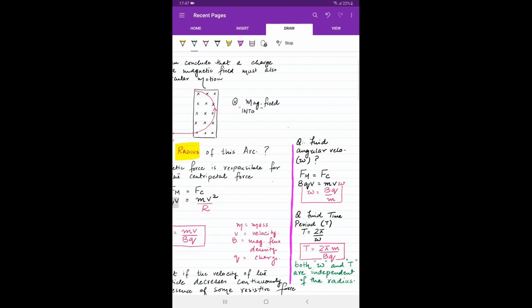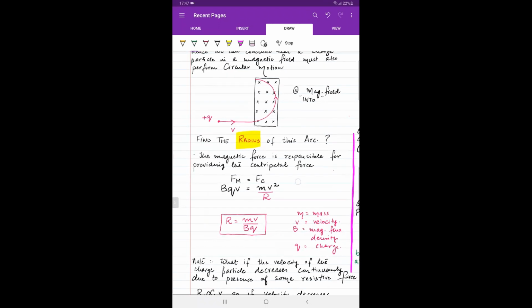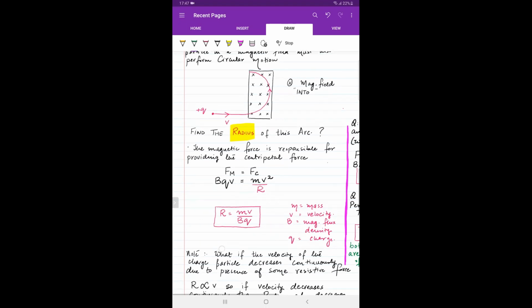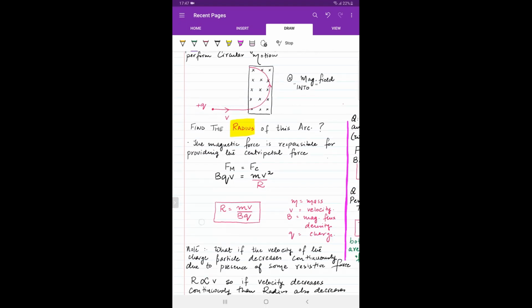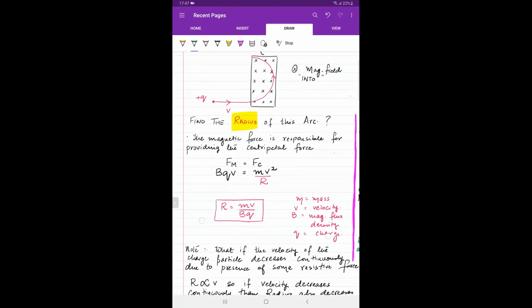Okay. Now one more working that we have to do apart from these formulas, and that is the statement I have written next. Let me read it first. So what if the velocity of the charge particle decreases continuously due to presence of some resistive force?